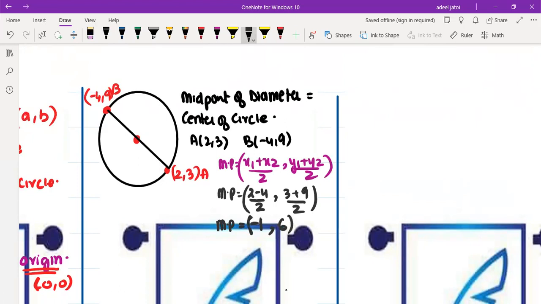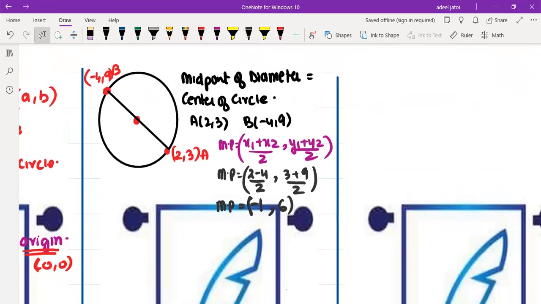So the midpoint becomes (−1, 6), and this midpoint is your center of the circle. So the center of the circle becomes (−1, 6).